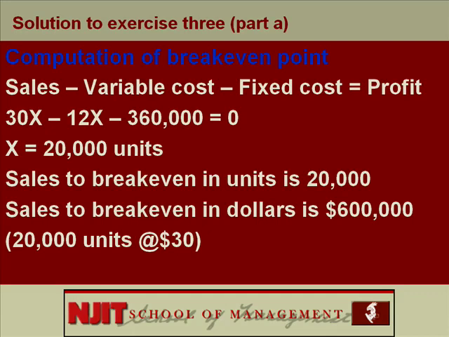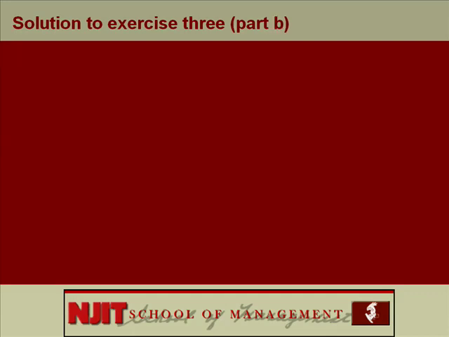Let's go on to the next part. In part B, they said, okay, if you sell 30,000 units, what's the profit or loss? You'll notice I'm doing everything the equation method because I personally prefer that. If you choose to use the formula method, you'll get the same answers.